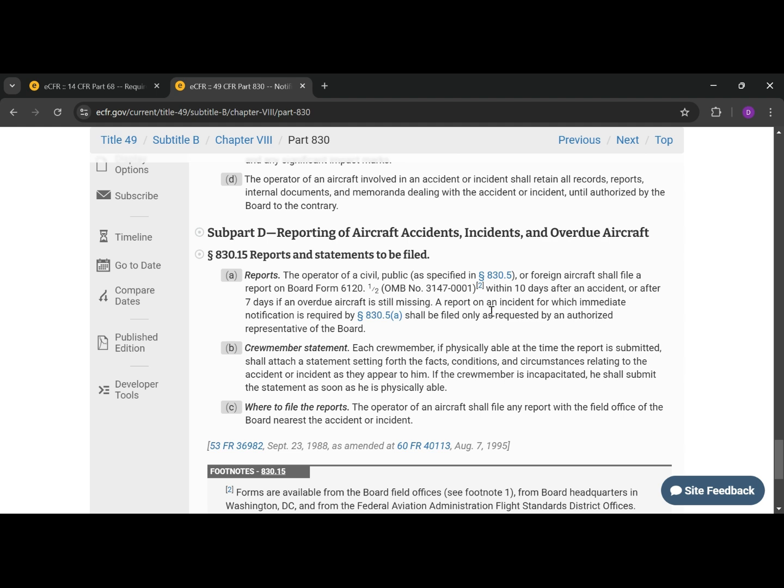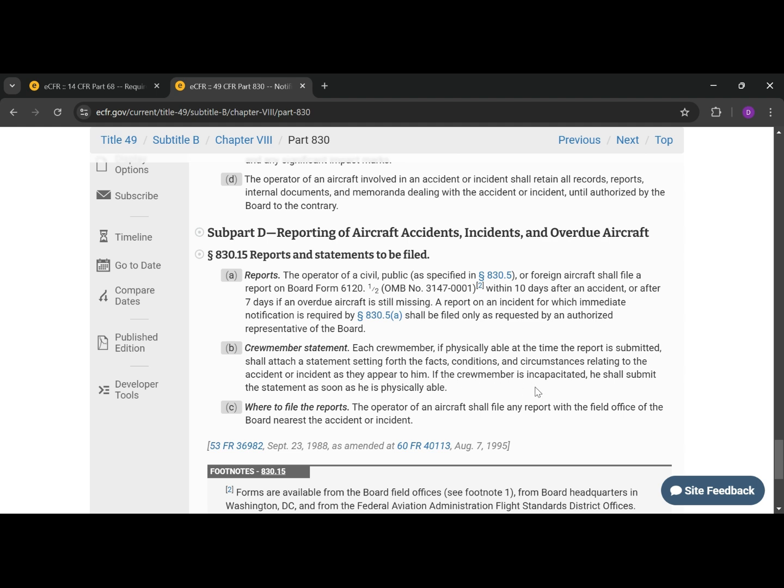A report on an incident for which immediate notification is required by 830.5 shall be filed only as requested by an authorized representative of the board. Crew member statement. Each crew member, if physically able at the time the report is submitted, shall attach a statement setting forth the facts, conditions, and circumstances relating to the accident or incident as they appear to him.